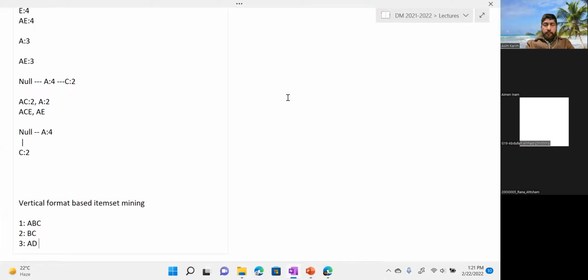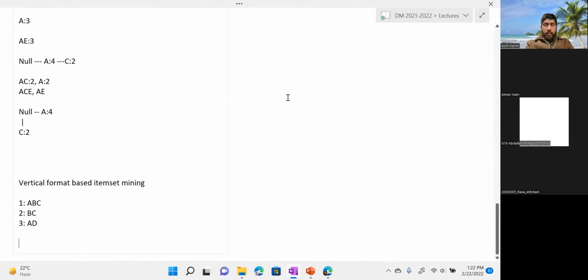Okay? So this is the normal format of the transactional database. The vertical format flips or transforms it. What you do is you first find all the single items in your database. And of course, this applies to higher order item sets as well, but we won't discuss that; if you go into the algorithm you will find out, but I want to give you the idea.